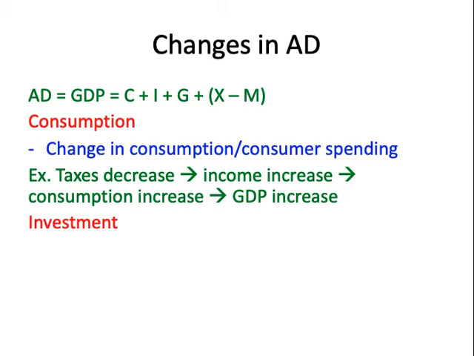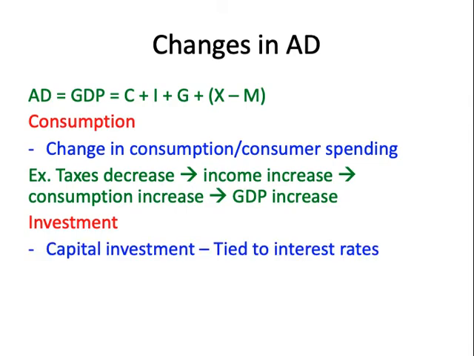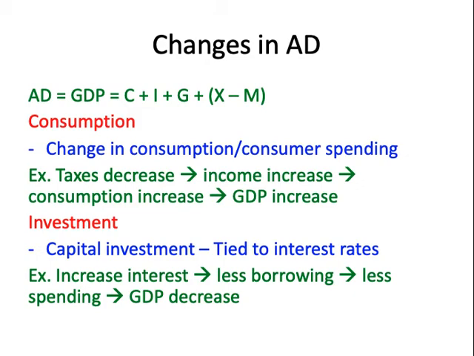Second one, investment spending, right? Capital investment is typically tied to interest rates. And so if we change the interest rates, that impacts how much borrowing can happen. If you increase interest rates, borrowing will go down, less spending will happen, and GDP will end up decreasing.